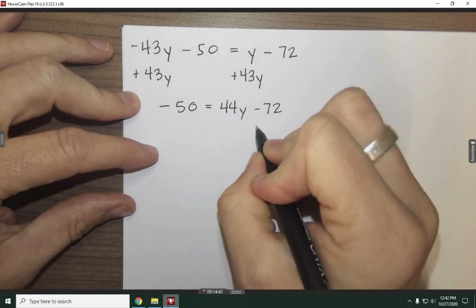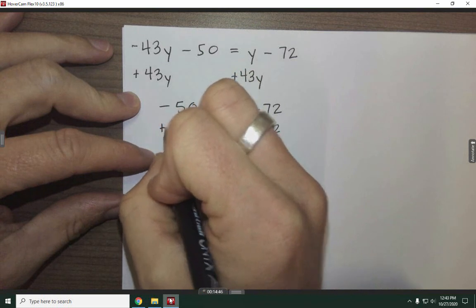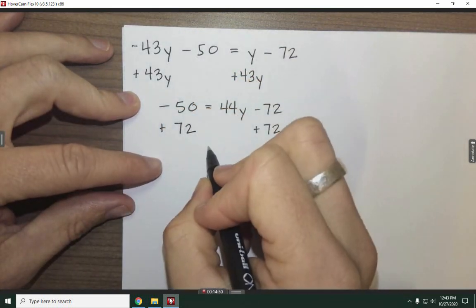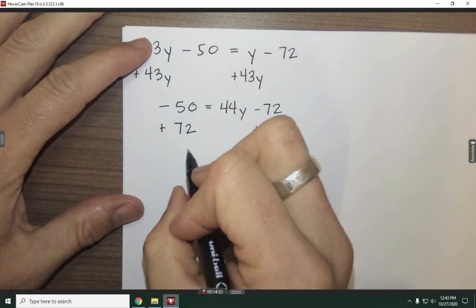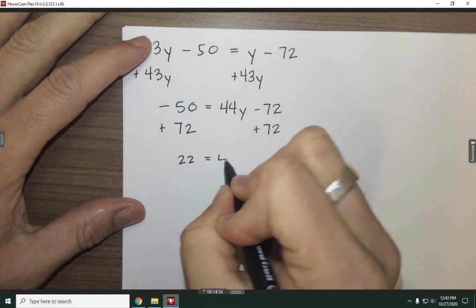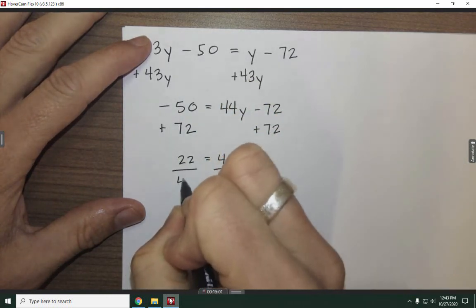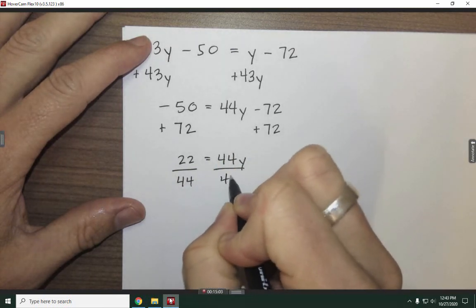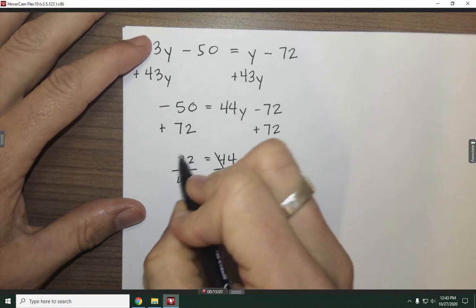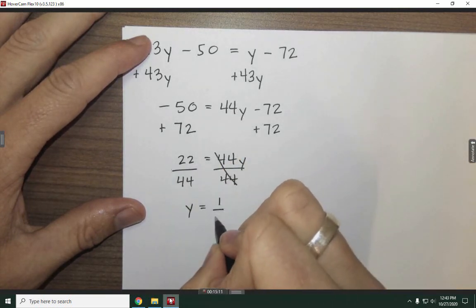And so then I'm going to add 72 to both sides. And so once we do the math on that, that's just going to be 22 equals 44y. And so then I'm going to divide both sides by 44. Cancel away on here, so I'm just left with my y. And if I reduce this fraction, divide them both by 22, I get 1 over 2.